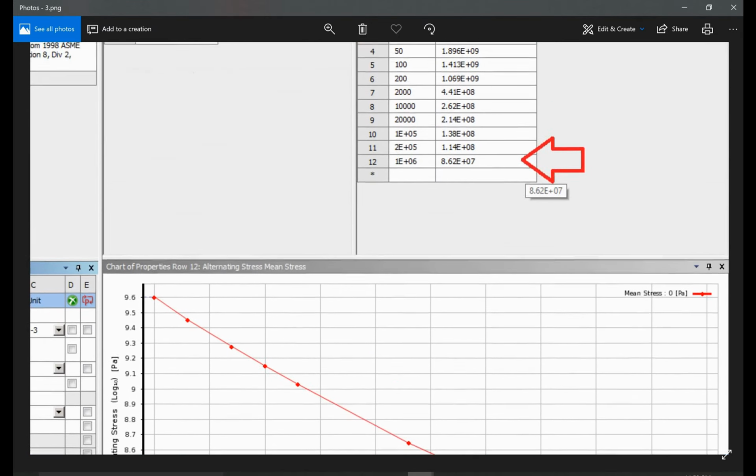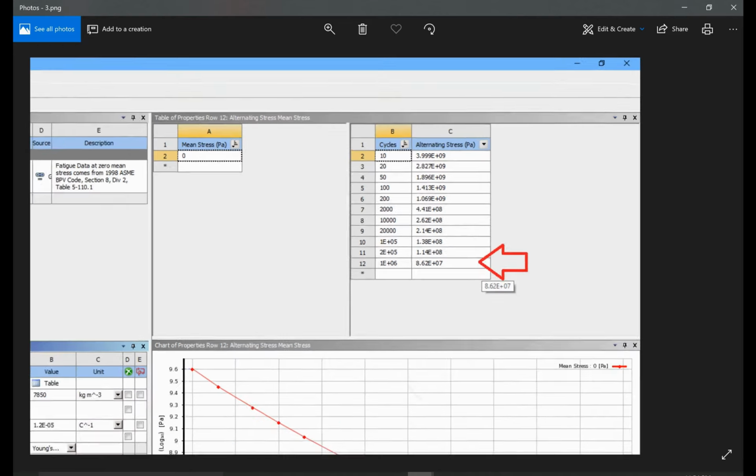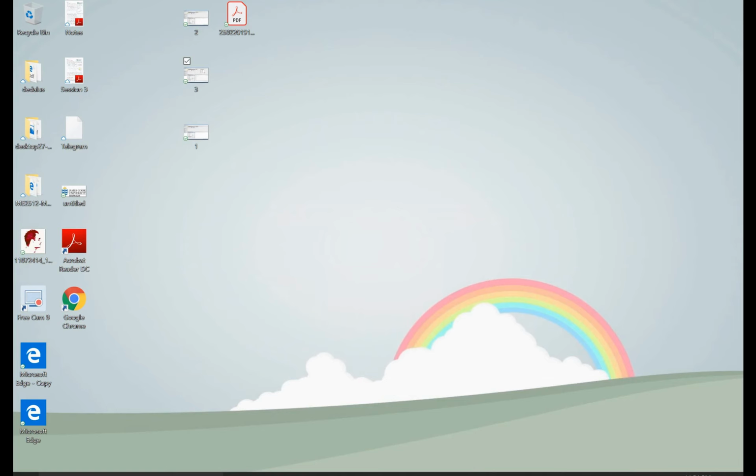At 10 to the power 6, or 1 million cycles, the endurance limit is 86.2 megapascal. So let's write it down.